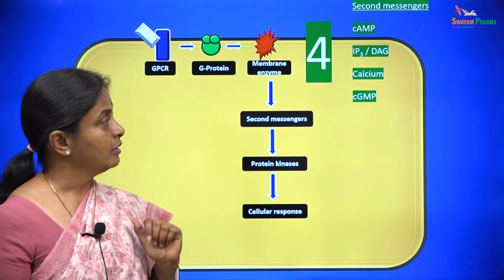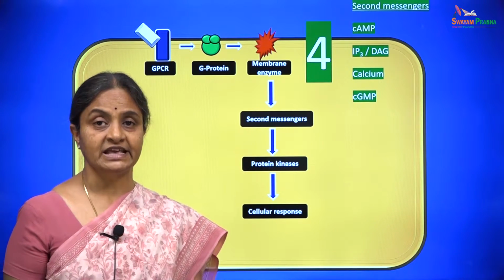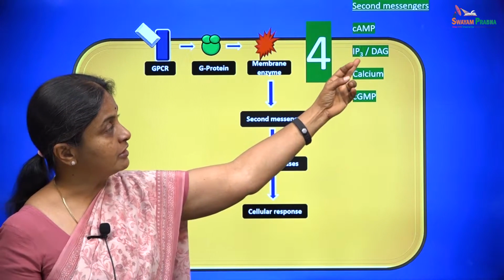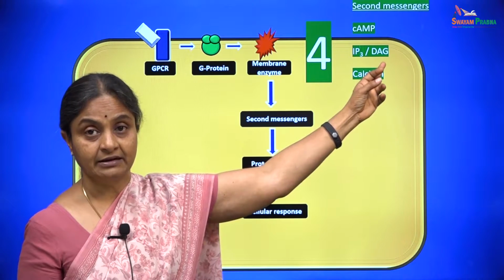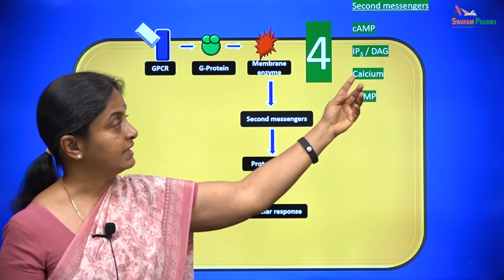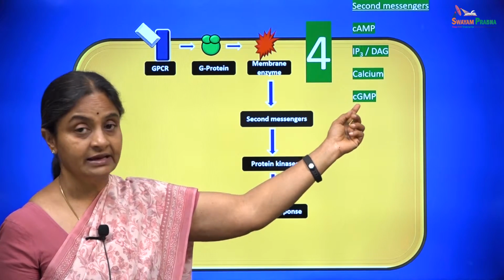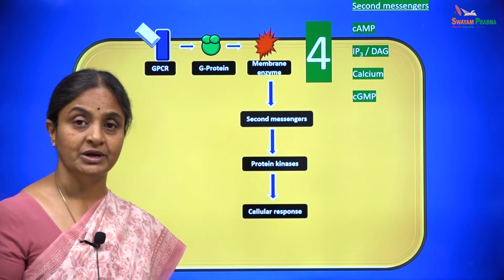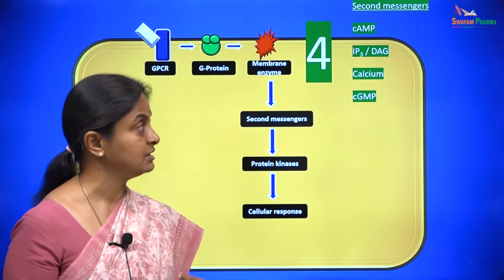Now, we will consider four second messengers: cyclic AMP, the inositol triphosphate diacylglycerol combination, calcium, and cyclic GMP. These are the four molecules referred to as second messengers.